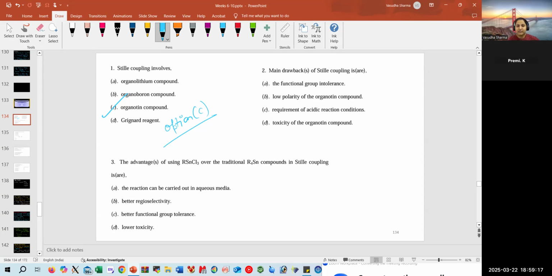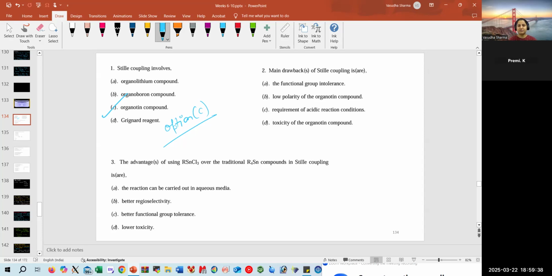Try the next question, which is: the main drawback or drawbacks of the Stille reaction is and are. You will find either one answer or there could be multiple correct answers also. The main drawback is the toxicity of organotin compounds. Yeah, that is there. Is there anything else you can think of?